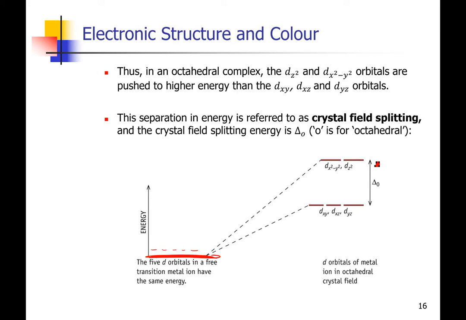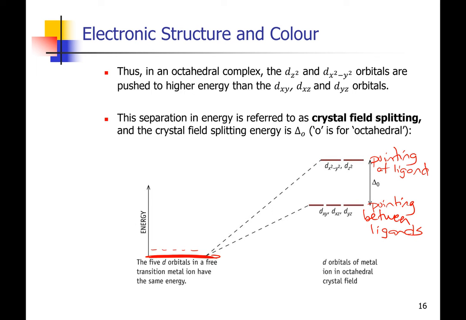So we have up here the d orbitals that were pointing right at the ligands, and we have down here the d orbitals that were pointing between the ligands.